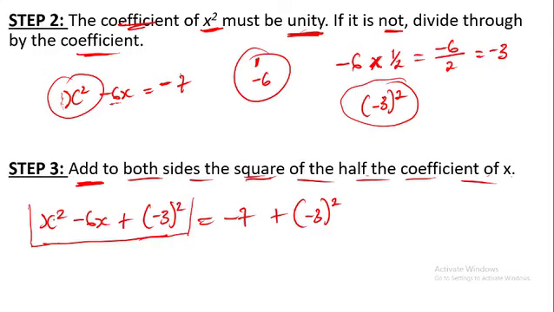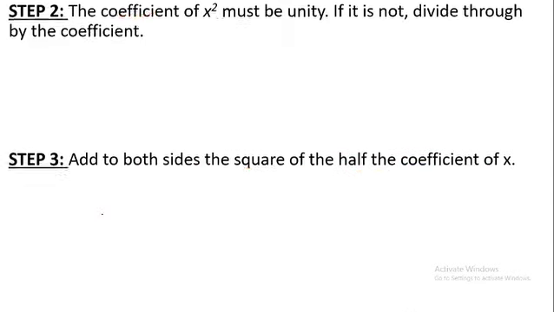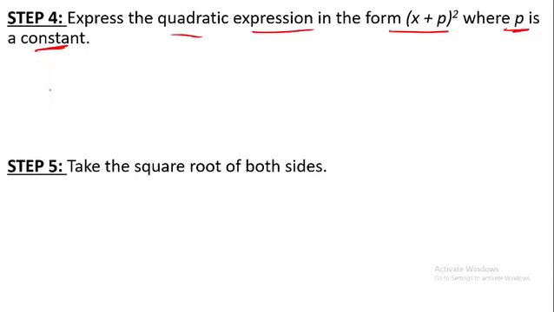A perfect square means we should pick this that has square and this too that has square. Why this is ignored? Okay, let's write them over here. We have x squared minus 6x plus minus 3 squared equal to minus 7 plus minus 3 squared, and we are asked to make it of this form.